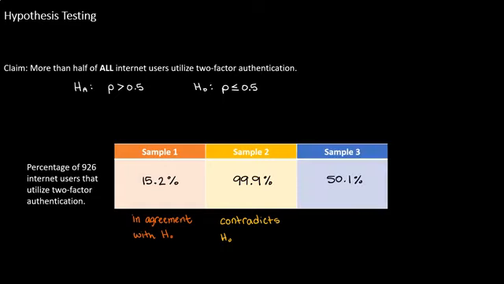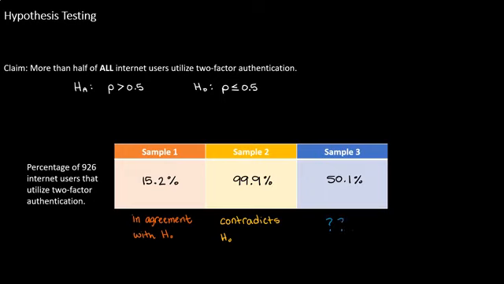What if we took another sample and we got a proportion somewhere between those numbers, around 50.1%? Again, this feels like it might agree with the original claim, but we're going to compare this to our null hypothesis. 50.1% is larger than 1/2, which would contradict the null hypothesis.